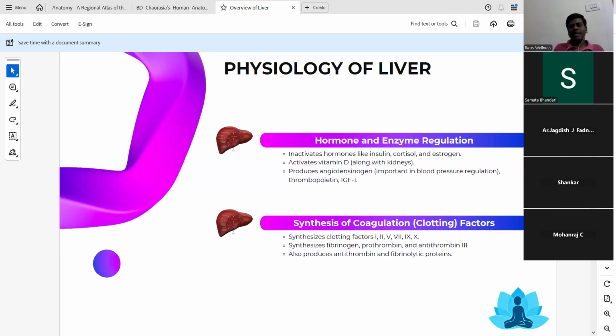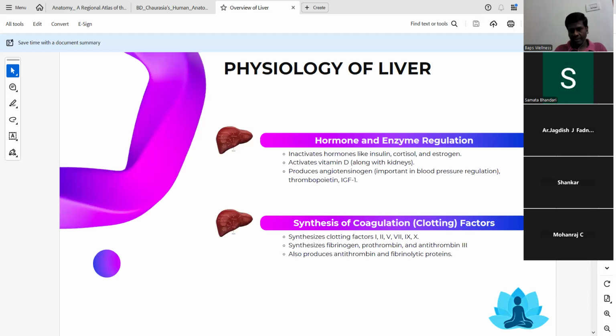Then hormone and enzyme regulation. Already we have seen that it activates hormones like insulin, glucagon, and cortisol, the hormones that are related to the sympathetic system.